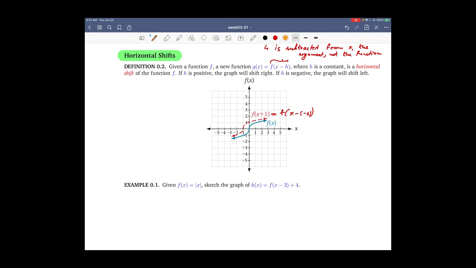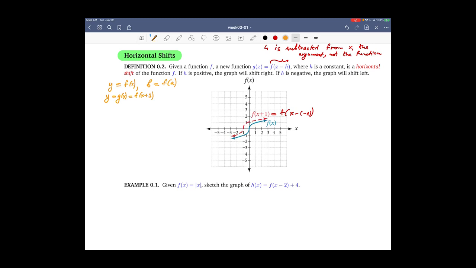Well, suppose we have the graph of f and say f takes value b at the point a. Suppose now we also have the graph of g, which is f at x plus 1.